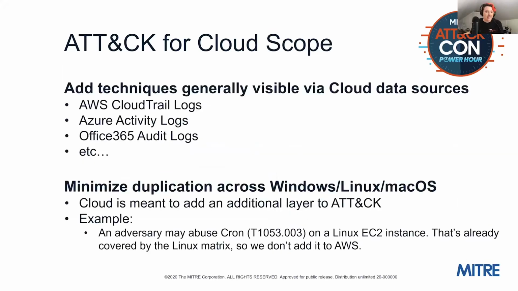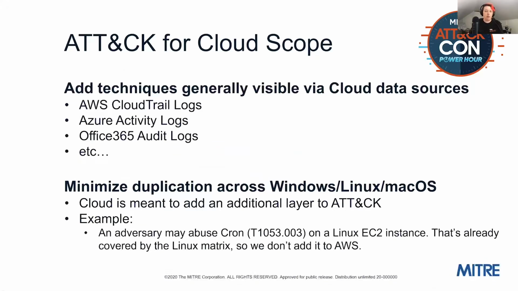So with making things as usable as possible in mind, just wanted to take a moment to explain what we consider to be the scope of Attack for Cloud as an attack team. Really, you can use Attack, including cloud, in whatever way works for you. But this is how we view adding techniques into a cloud platform within Attack. One thing that we determine is if the technique is generally visible via cloud data sources.